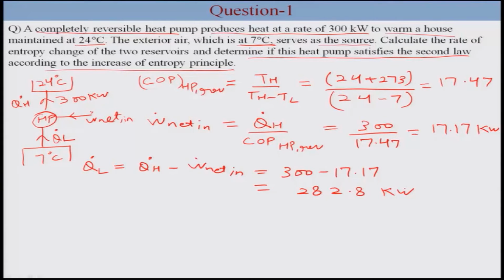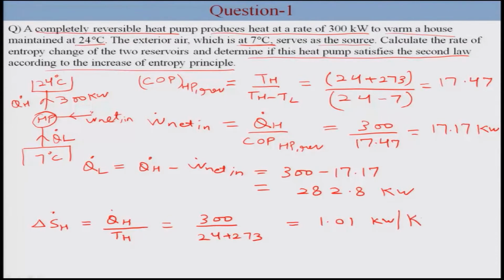Change in entropy of the high temperature reservoir, delta S or its rate, is Q dot H divided by TH. So, this TH is 24 degrees Celsius. So, it is 300 divided by 24 plus 273 and it is 1.01 kilowatt per Kelvin.